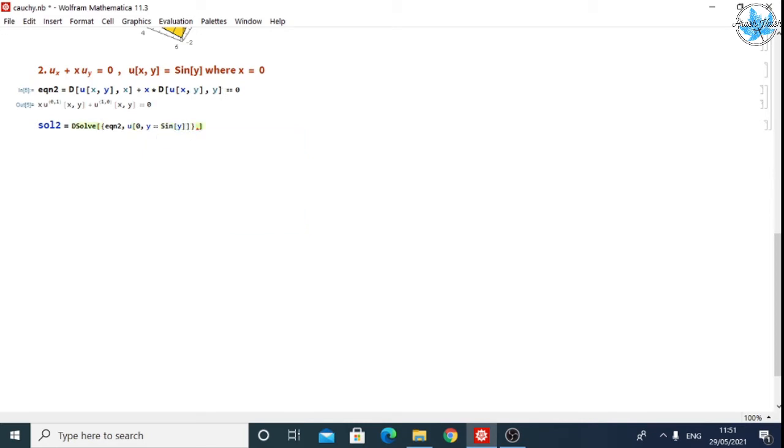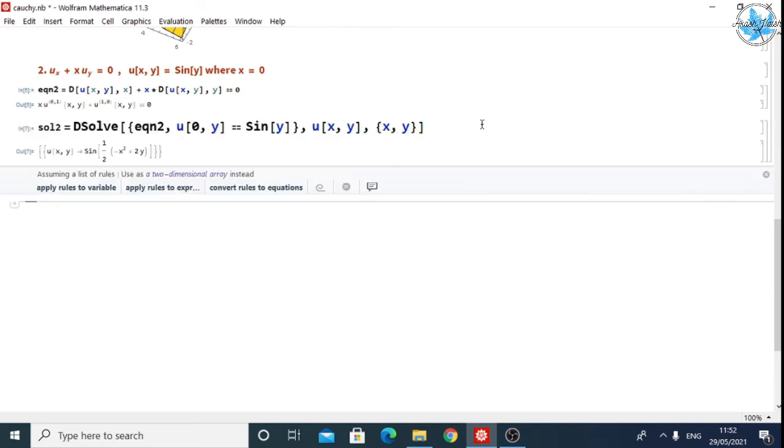Then I will write u of x comma y, and then by separating comma, x comma y. Then this is my solution.